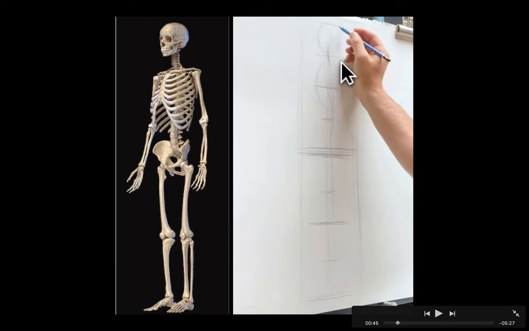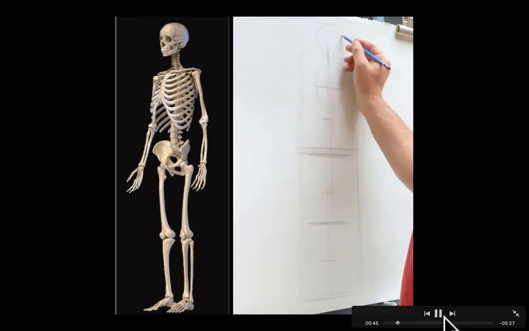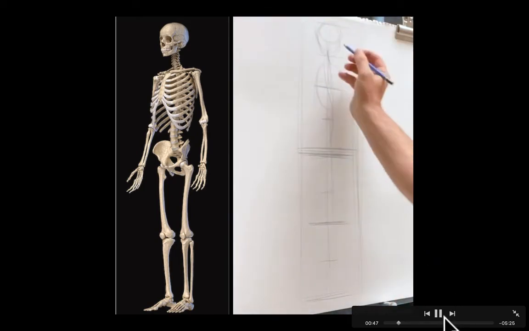So as I move that head down one, I know that this is the bottom part of my sternum, and I know that the top part of the rib cage is approximately the same height as the bottom part. So if I take all that and add it up, I can figure out approximately where my rib cage is going to be.